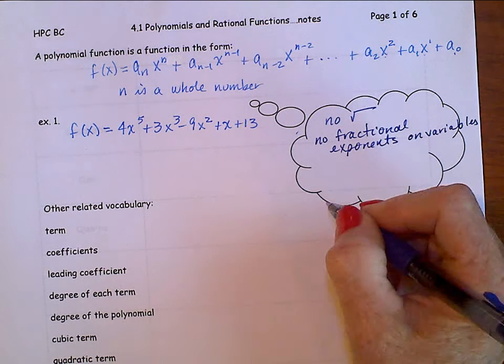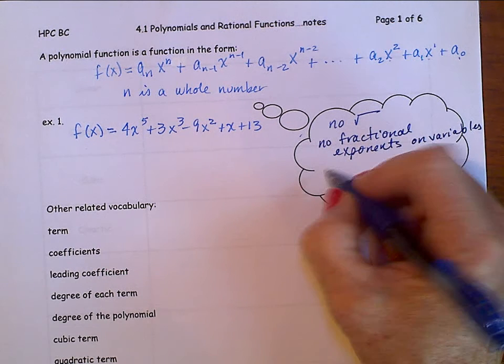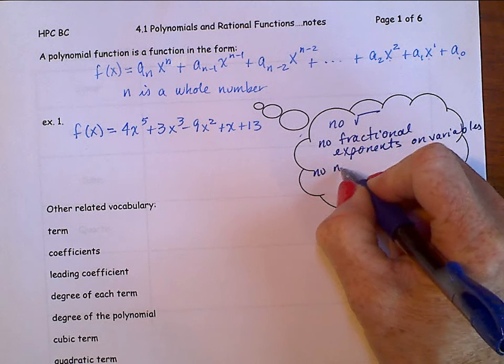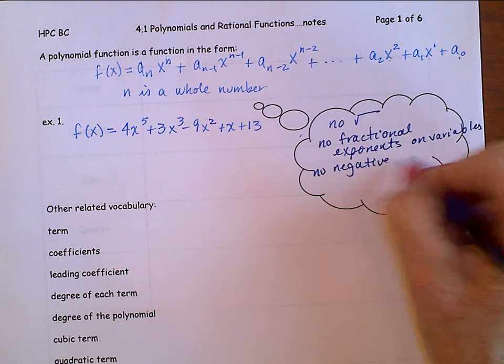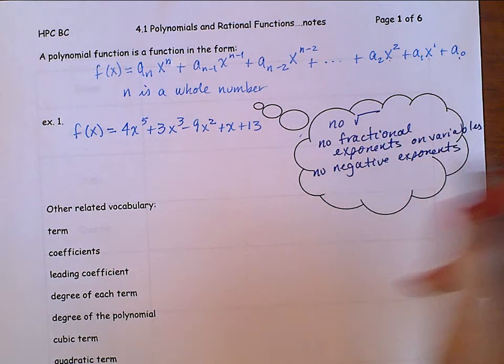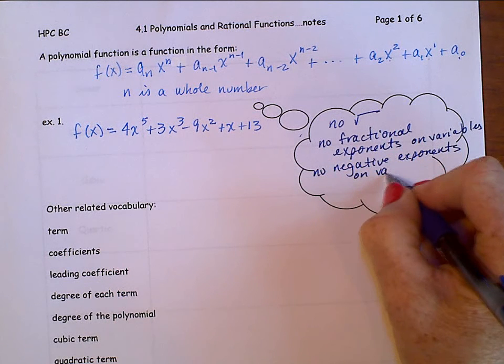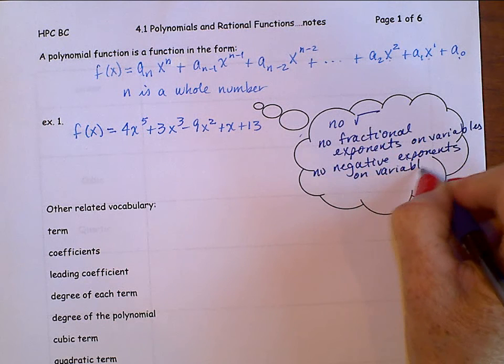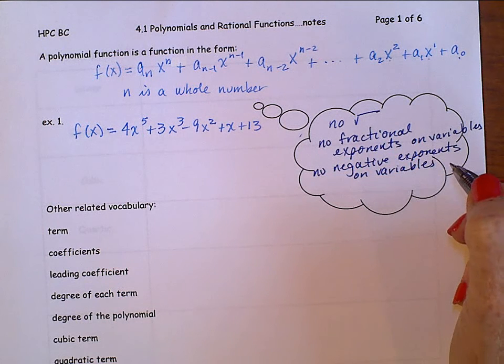No negative exponents on the variables. And no variables in the denominator of a fraction.